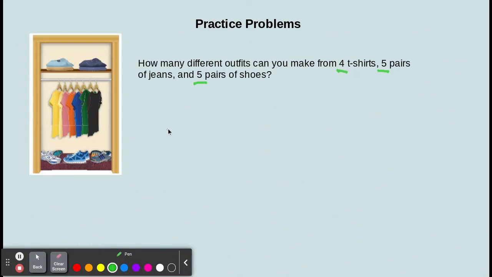Remember, the fundamental counting principle says you take the number of possible outcomes from the first event, t-shirts, multiply it by the total number of outcomes from the second event, pairs of jeans, and then multiply that by the third event of selecting a pair of shoes from 5 different pairs of shoes. That should tell you how many different outfits you can make, or how many possible outcomes there are in this situation.